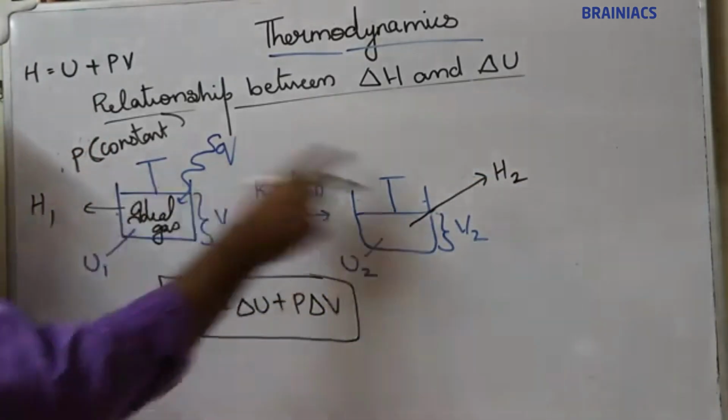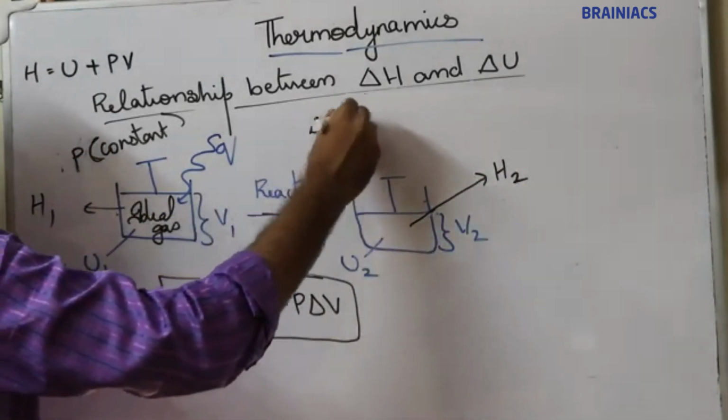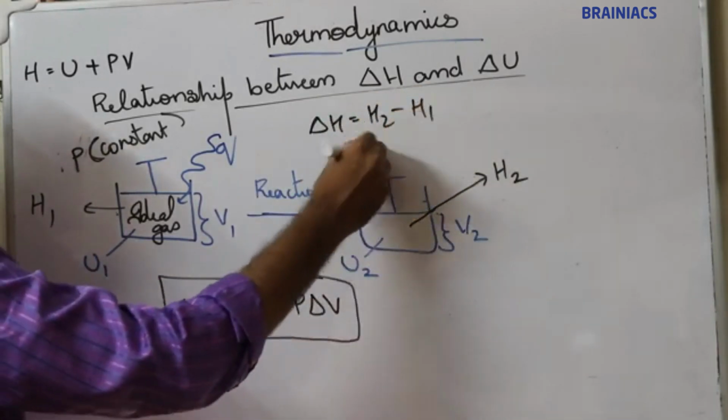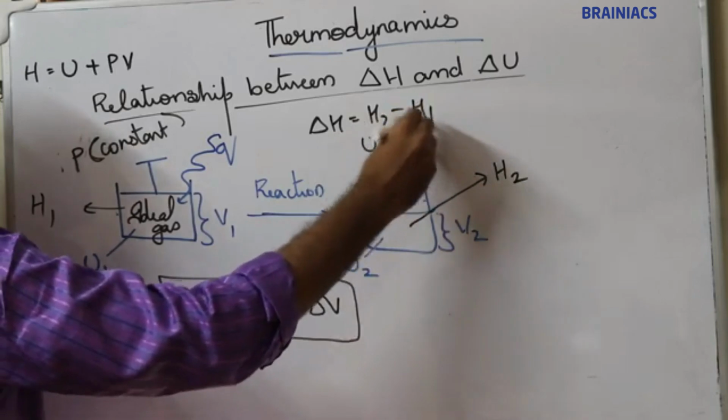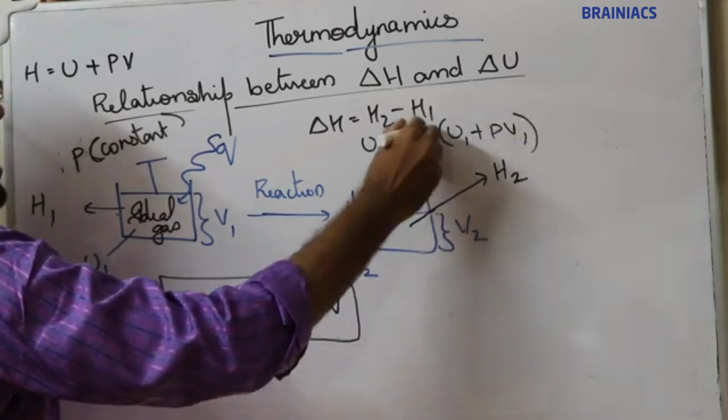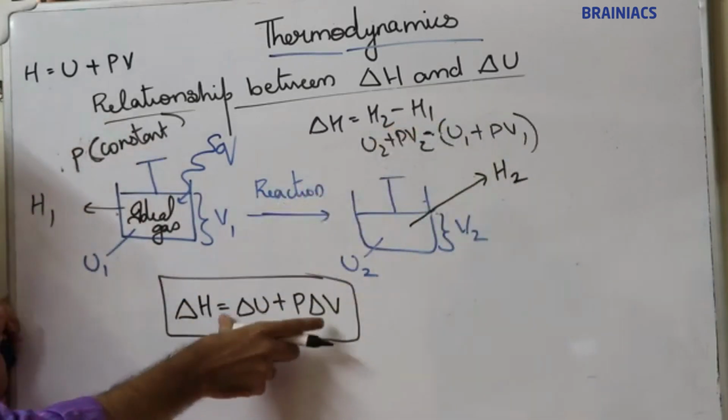So what is the change in enthalpy? Delta H is H2 minus H1, that is, H2 is U2 plus PV2 and H1 is U1 plus PV1. From this relation we derive this equation.